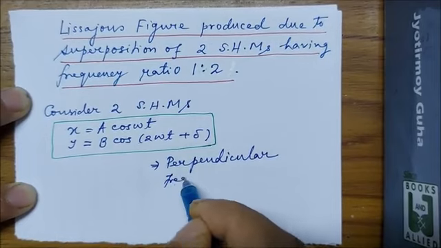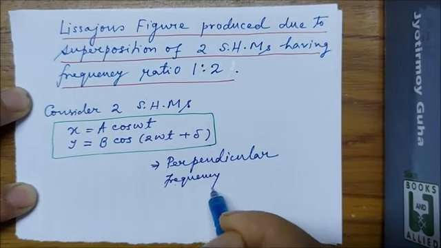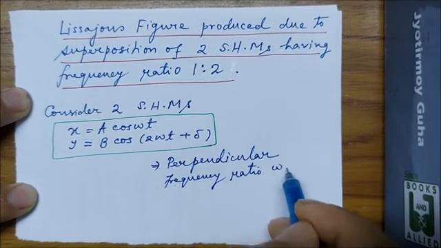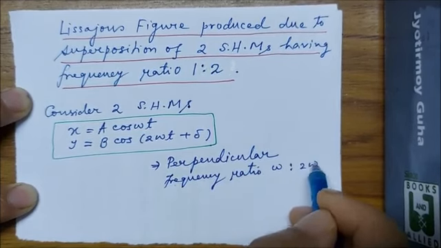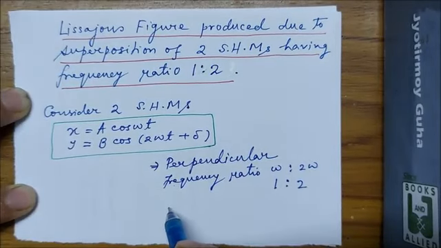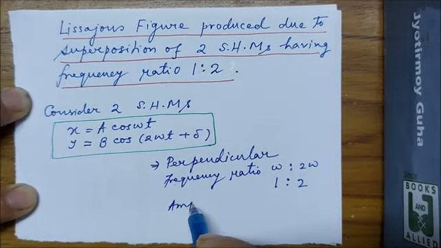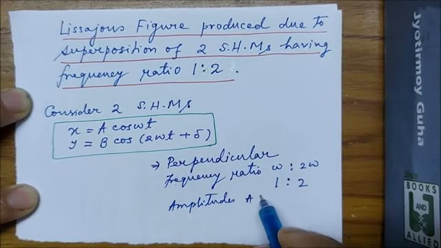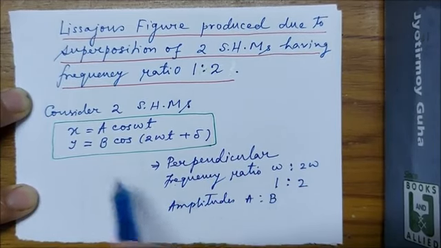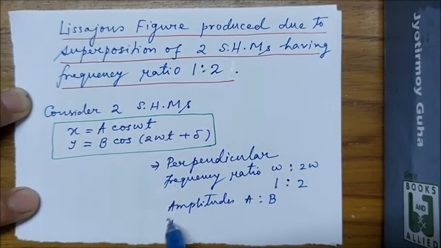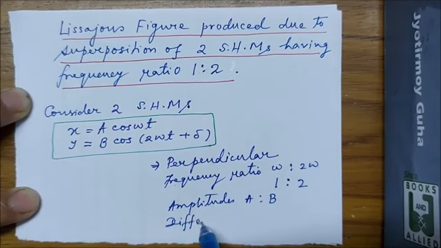The frequency ratio is omega is to twice omega, that is 1:2. Also the amplitudes are different. One has amplitude A, the other one has amplitude B, and they have different phases.